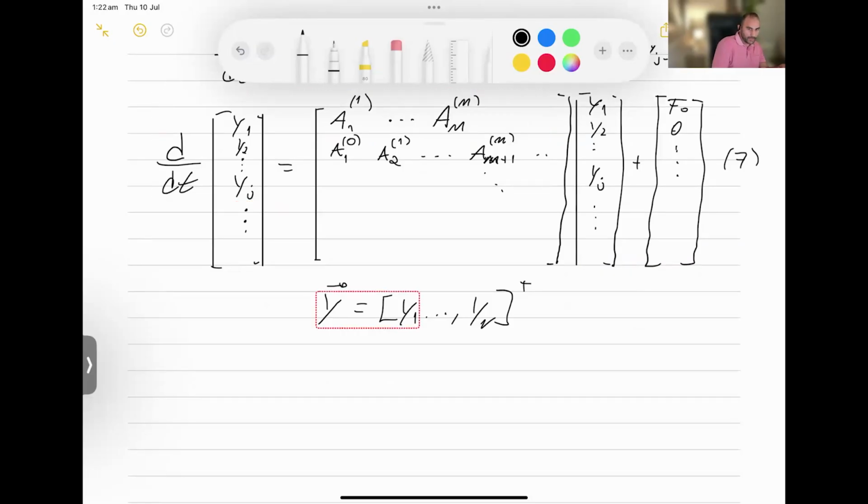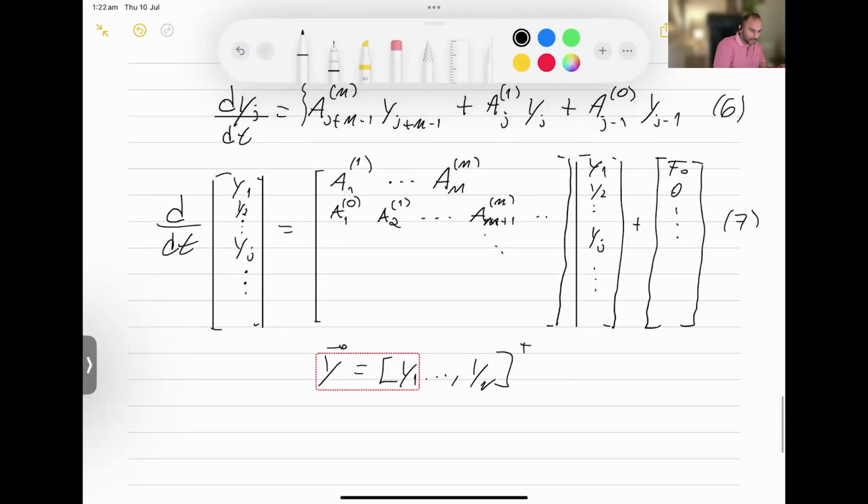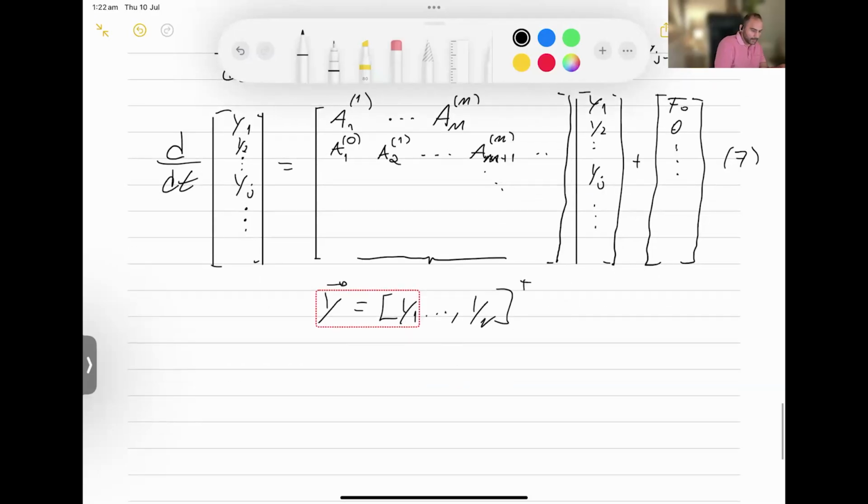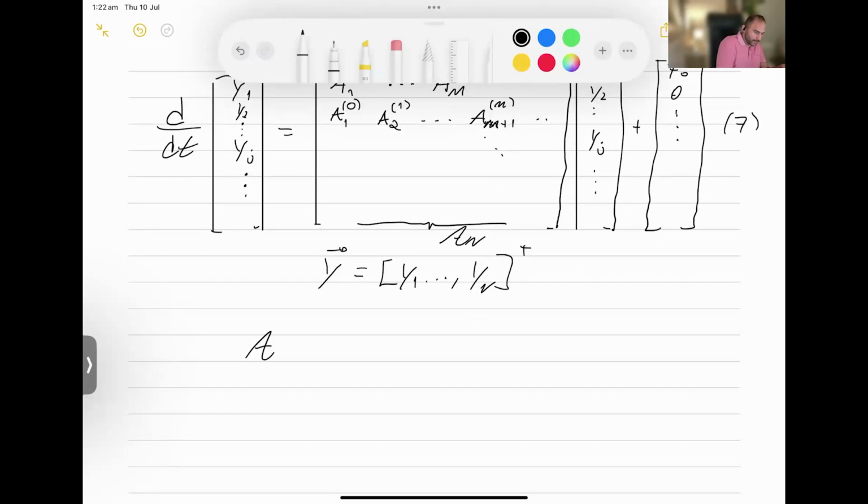And then this matrix is going to be again in the compact form in the AN, IN. And I can write IN like that.